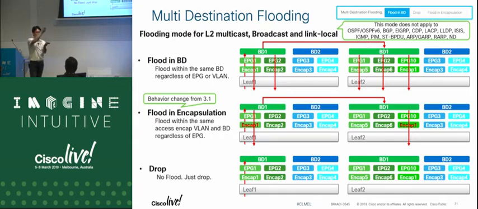So IP A is on VM A with MAC address A. And then that IP moved to VM B with MAC address B. But from the ACI perspective, both of them are learned on the same interface, the same ESXi host.